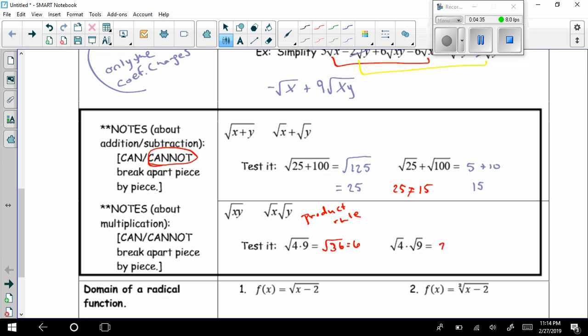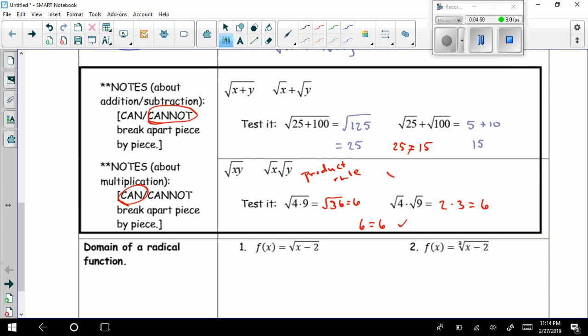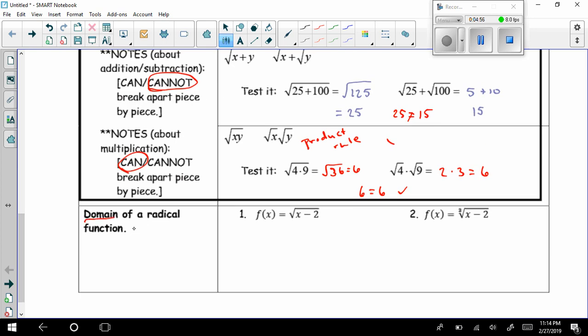This is the square root of 4, which is 2, times the square root of 9, which is 3. 2 times 3 is also 6. So that is fine. We can break those apart if it benefits us. We'll put them together if it benefits us. So whatever helps us.